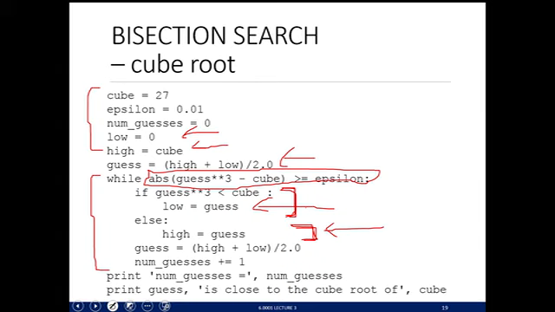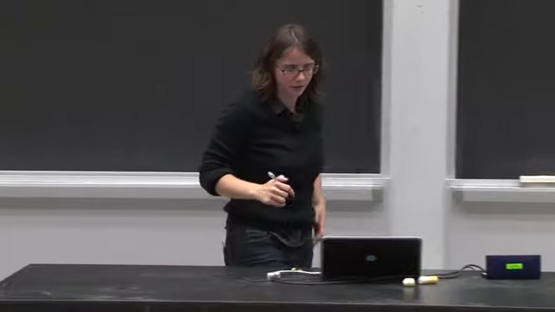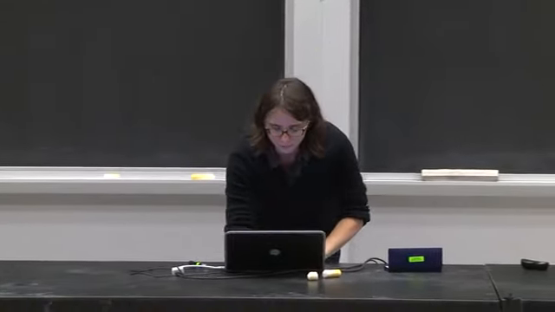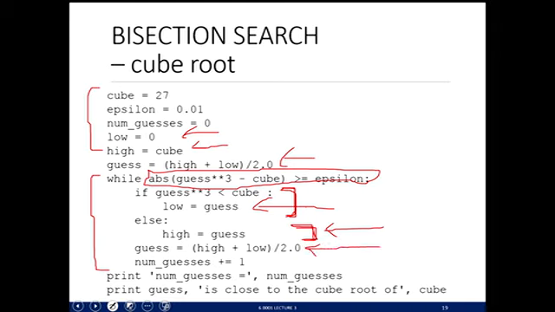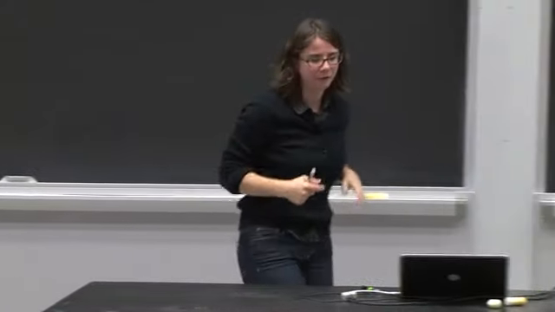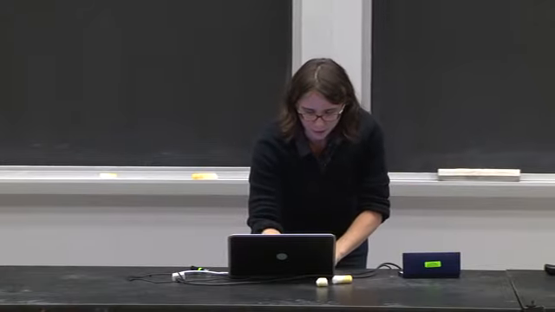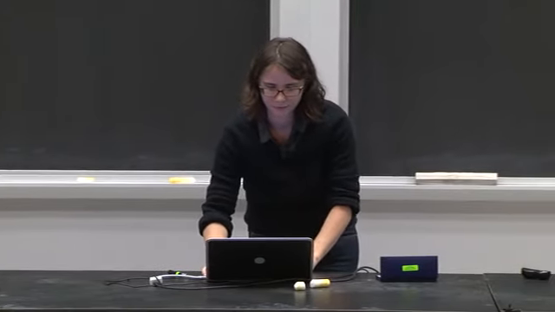So set the high to be the guess, because I don't care about numbers any higher than my guess. Okay? Once I have these new boundaries, I make another guess. Again, halfway in between the new boundary points. Okay? So essentially, I'm just halving my interval with every single guess. Okay? And that's what the while loop is doing. And then I print out the remaining part.